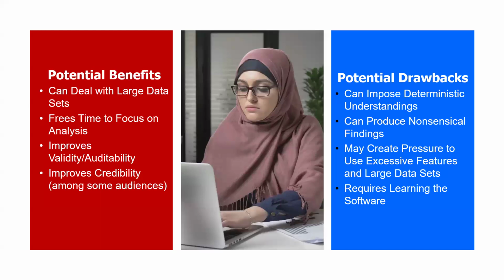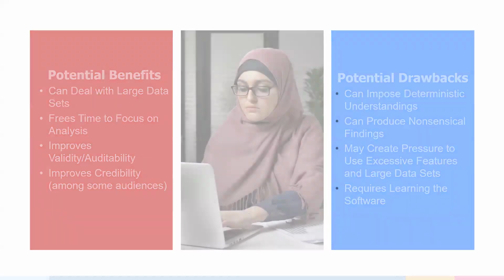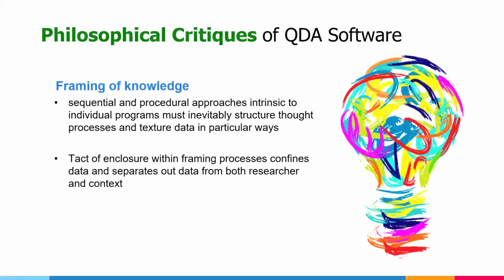But let's talk about this a little bit more in detail, looking at some of the philosophical critiques of QDA software. One of them is that it frames knowledge. When you're using software, because it's helping organize, this linear sequential approach and following procedures really shifts the way in which you're thinking about data. And that's one of the concerns about qualitative research.